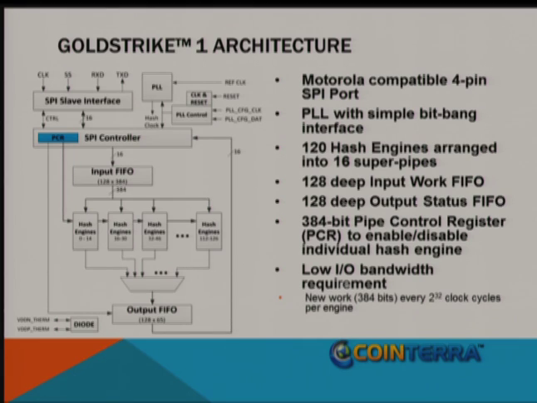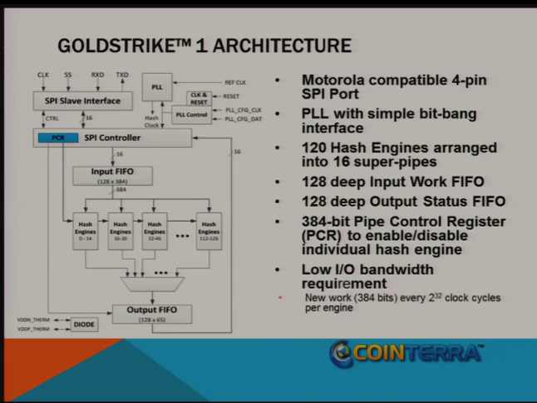Every time new data is shifted into the input FIFO, the contents of the output FIFO is shifted out. With a simple register addressing scheme, the input data can be written out into a 384-bit pipe control register, PCR for short.